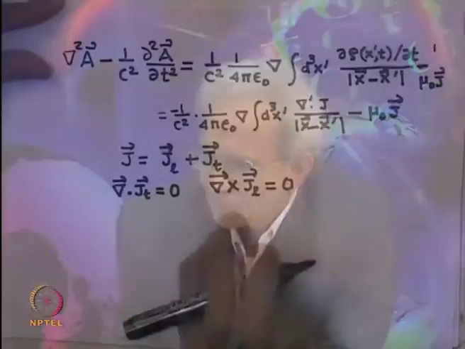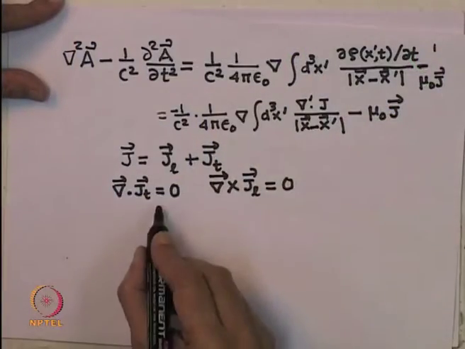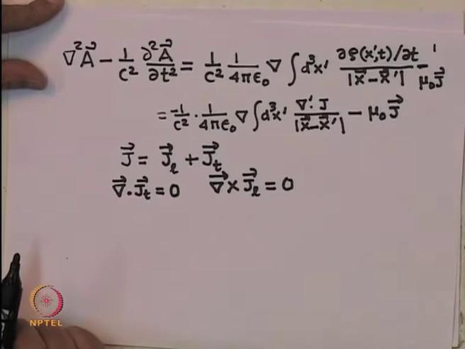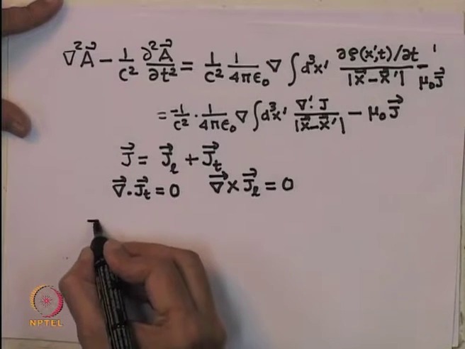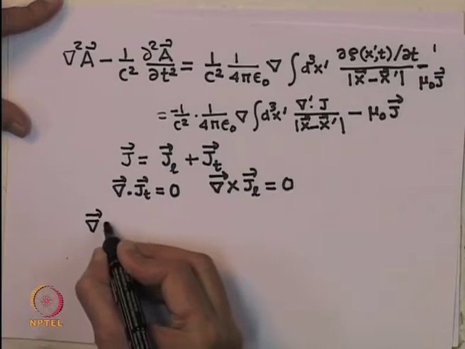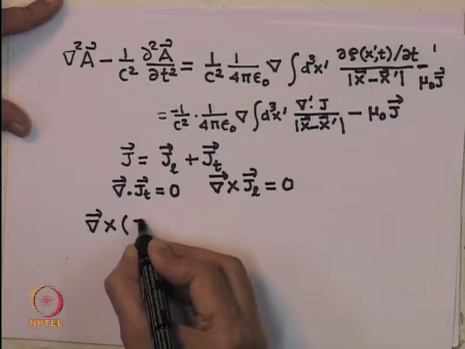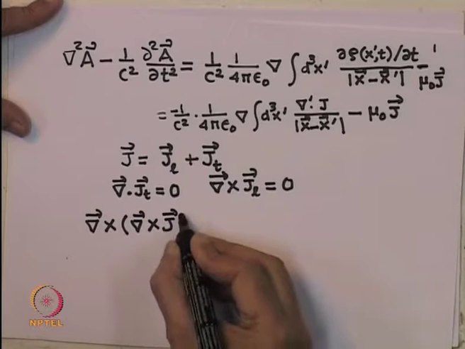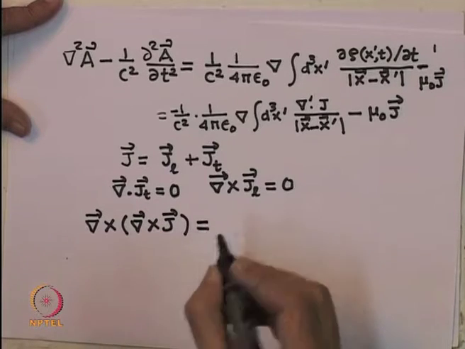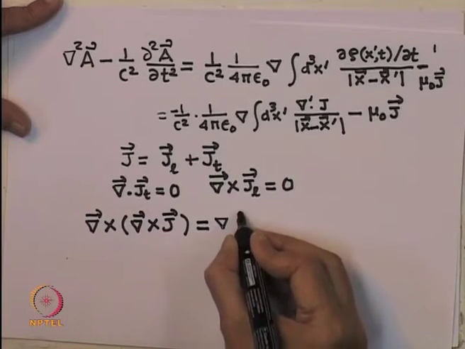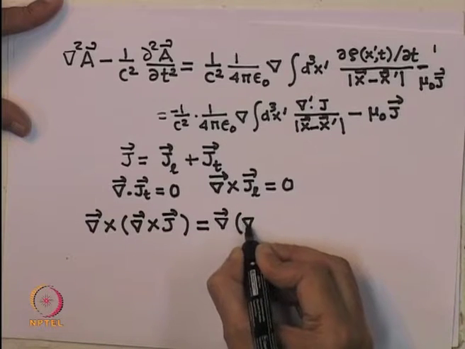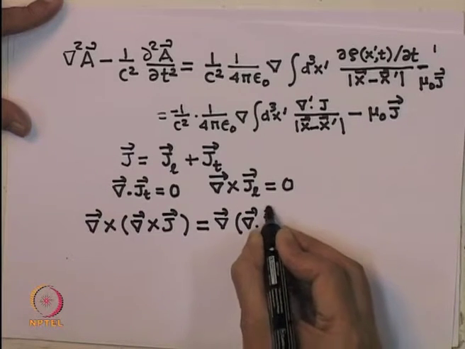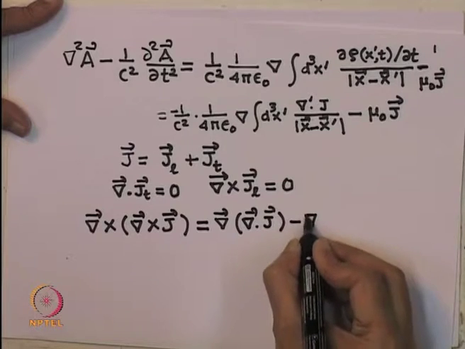So, this is the way we would resolve a general vector. Now, notice if I now try to find out what is del cross del cross j. We have used this equation several times. We have seen that this is nothing but del of del dot of j minus del square j.